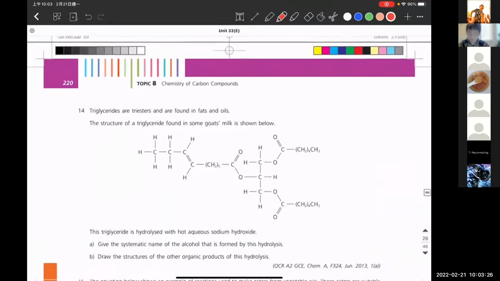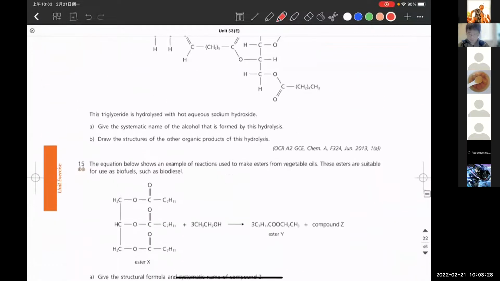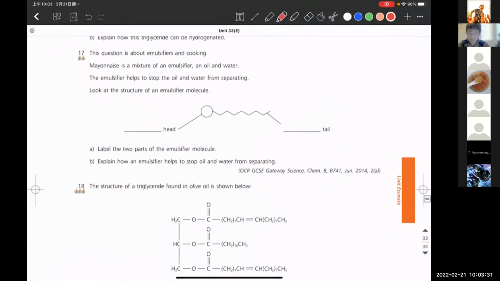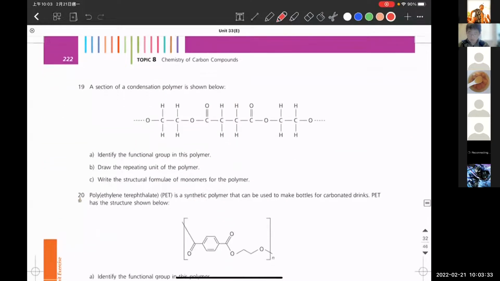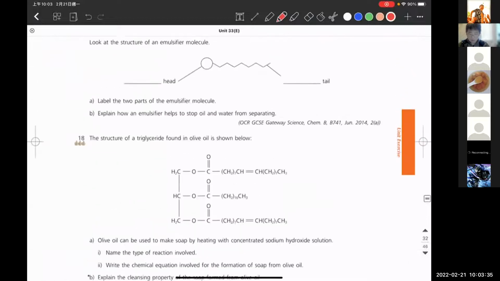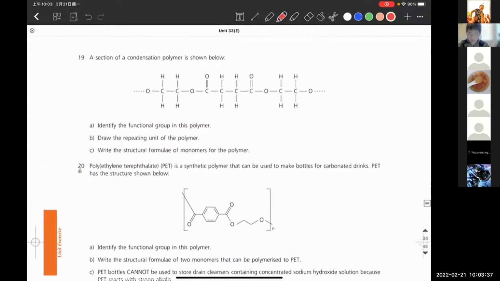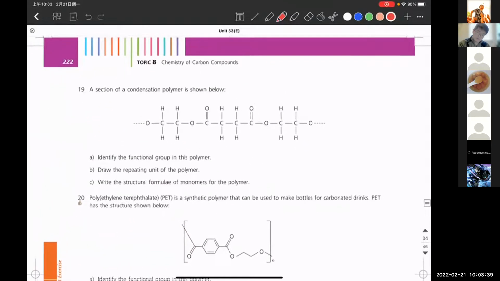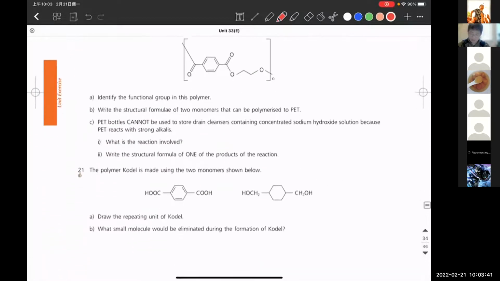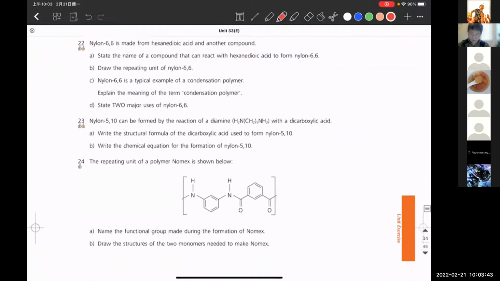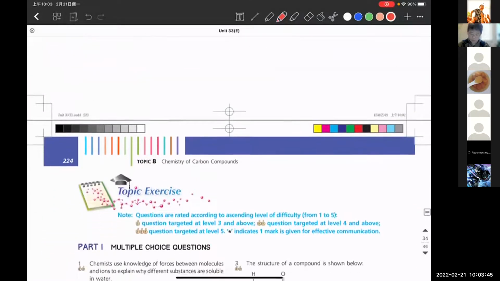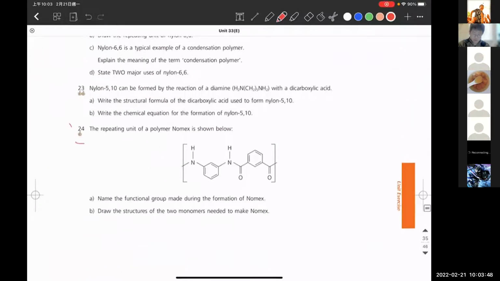Now, we come to those polymers. We have got the questions about polymer as 19, 20, 21, 22, 23, 24.